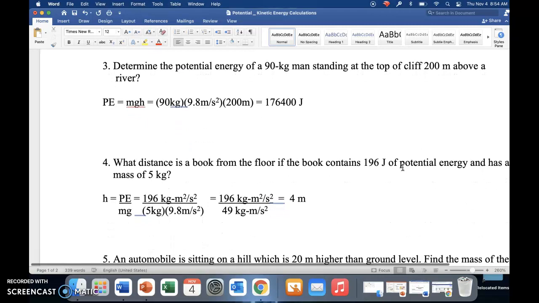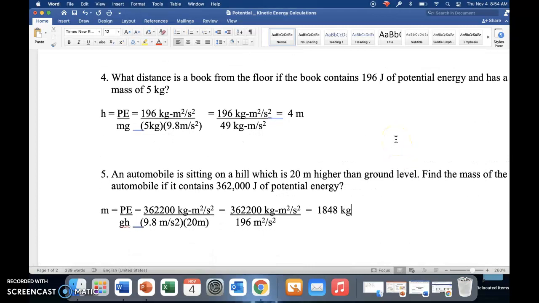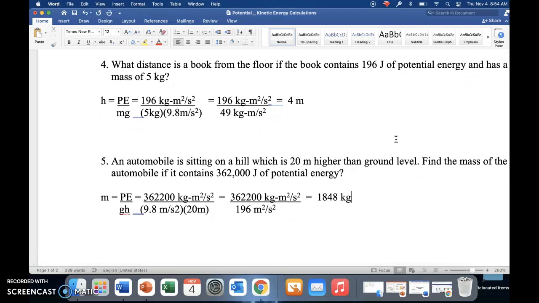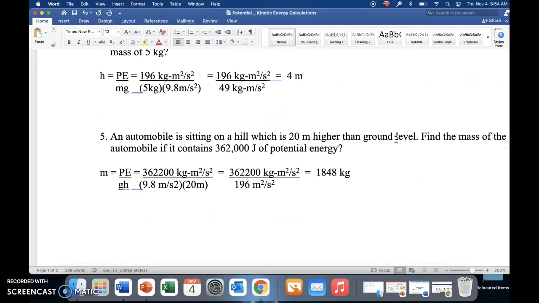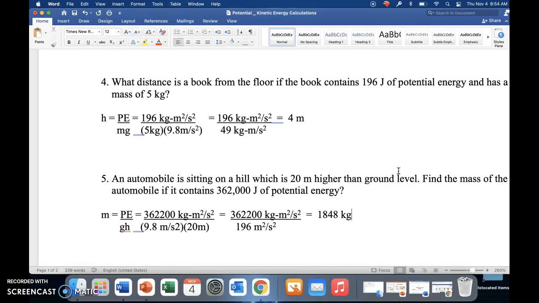In the third one, we found 176,400 joules. In the fourth one, we're finding the height. Okay, so that was 4 meters. The book was 4 meters. And finally, the car had a mass of 1,848 kilograms. In the second video you'll watch, I will be doing the kinetic energy problems.